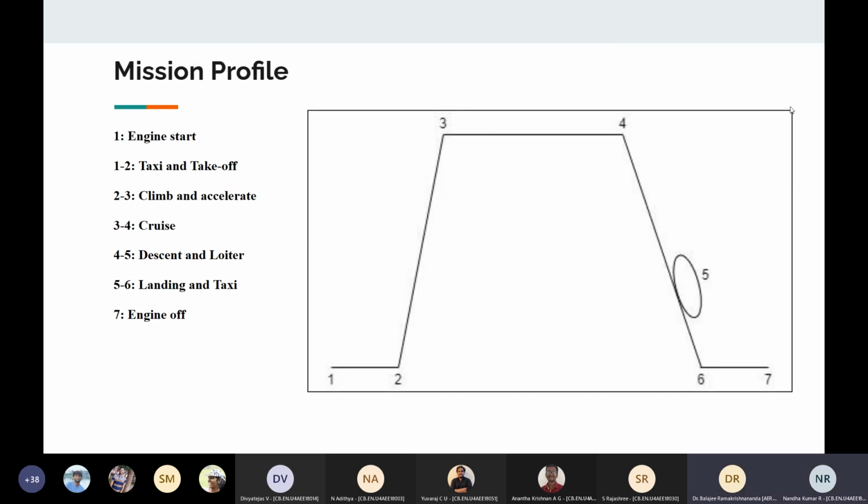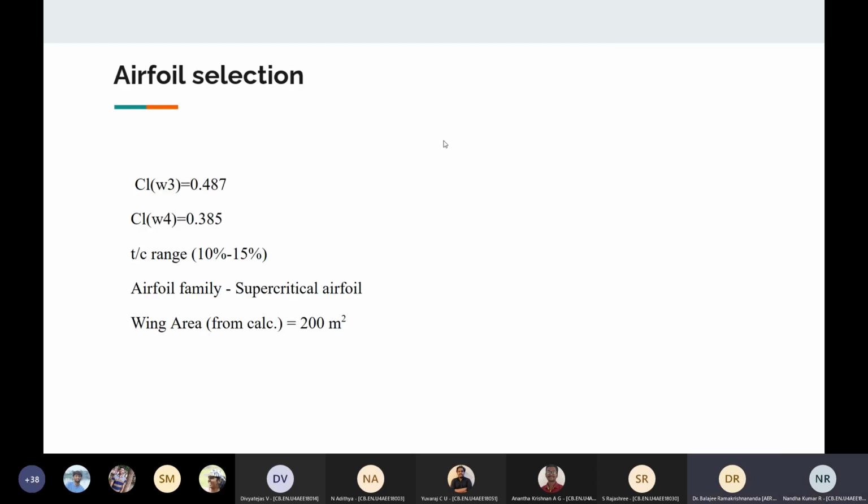Sir, this is our primary mission profile. Then for airfoil selection, based on the calculations at cruise start and cruise end, we have got this value. We chose the thickness ratio, and the airfoil family is supercritical airfoil. Wing area is 200 square meters.